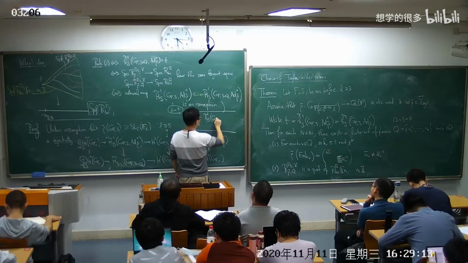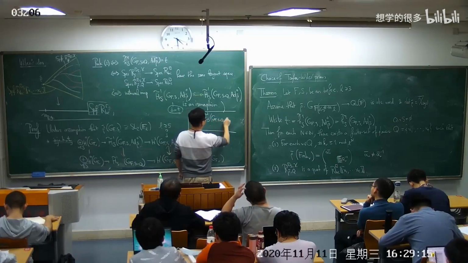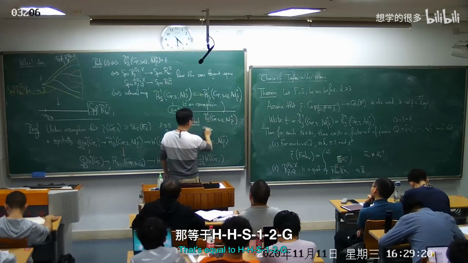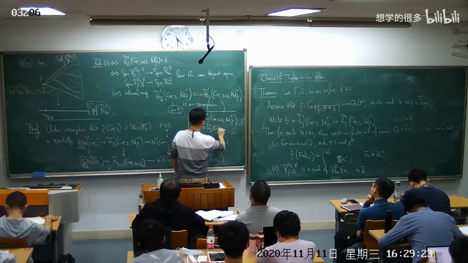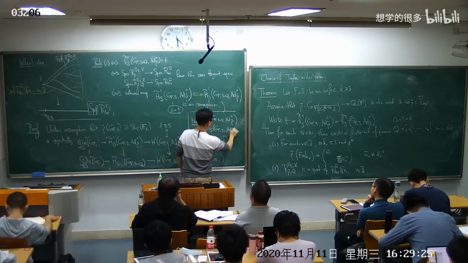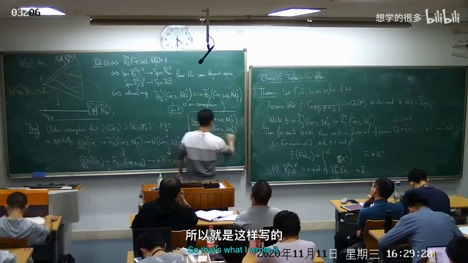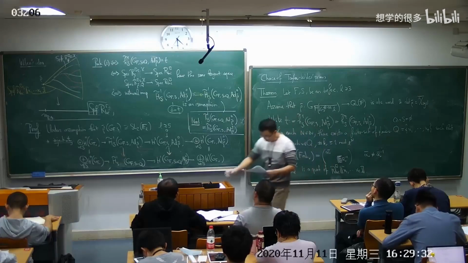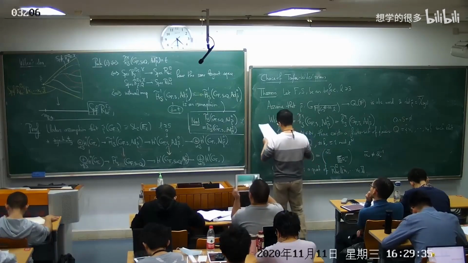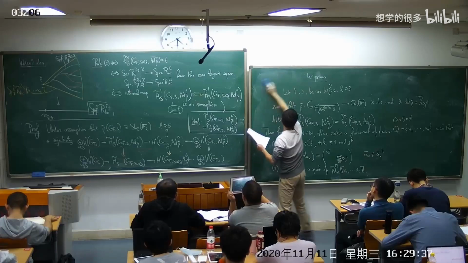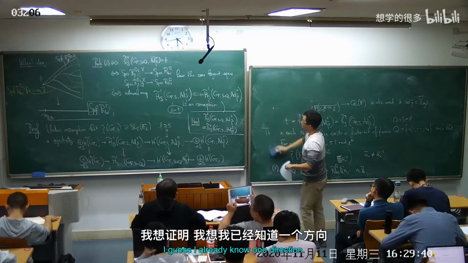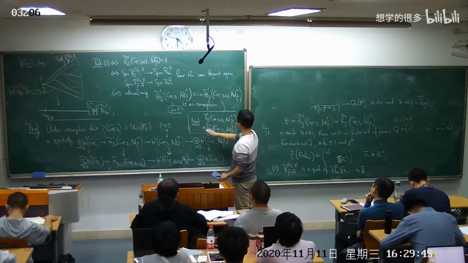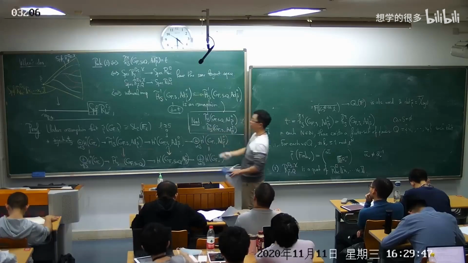This, maybe G_{F,S∪Q}, is equal to H^1_S of ad to G. So that's what I really need. Or rather, I want to prove it. I already know one direction: I know this is bigger than that. So I want to know the inequality the other way.